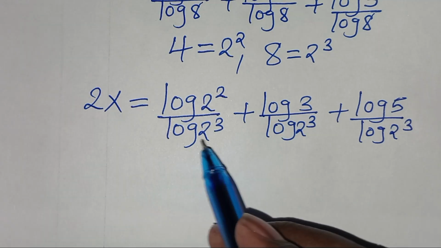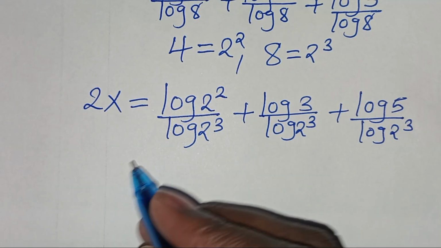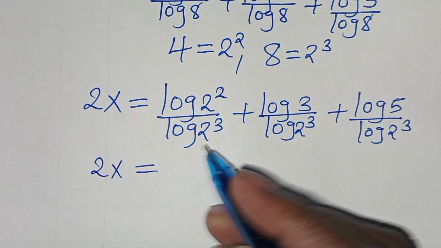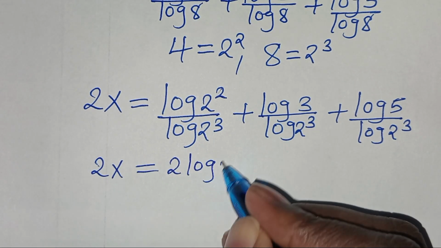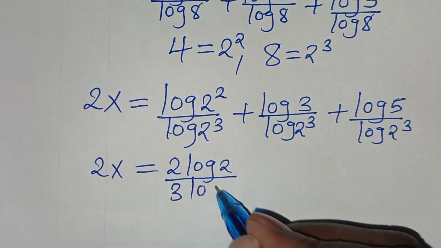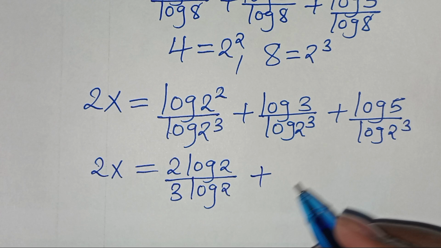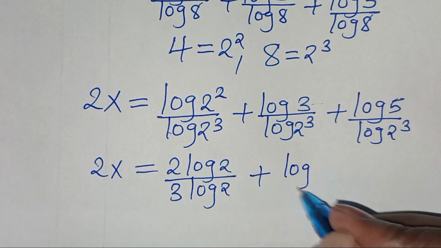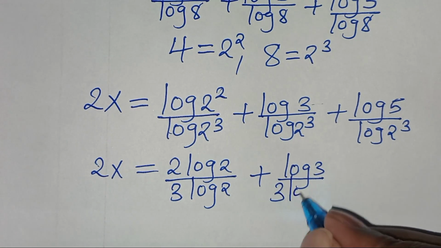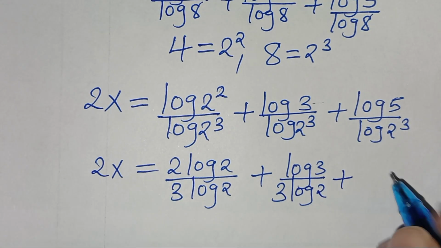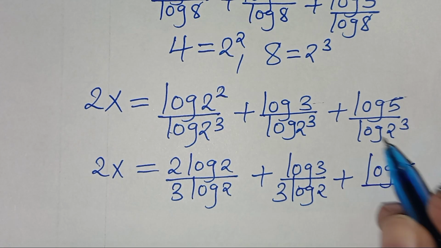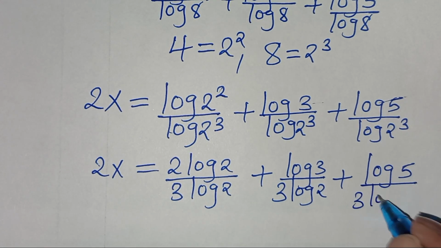The next step is to apply the power rule property here so that 2x is equal to log 2 to the power 2 becomes 2 log 2 divided by log 2 to the power 3 becomes 3 log 2, then plus log 3 divided by log 2 to the power 3, which is 3 log 2, then plus log 5 divided by 3 log 2.